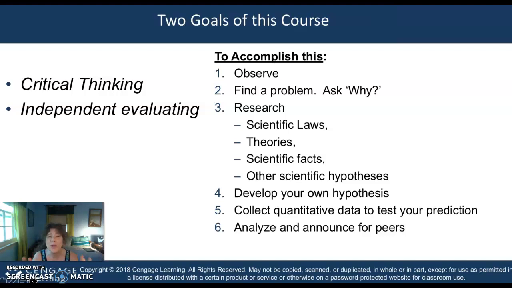Then we go with finding the problem, not just panicking and complaining, but finding the problem. It usually comes with a why question. Why does this happen? And you're very specific about what the this is. Then you go into research about that.